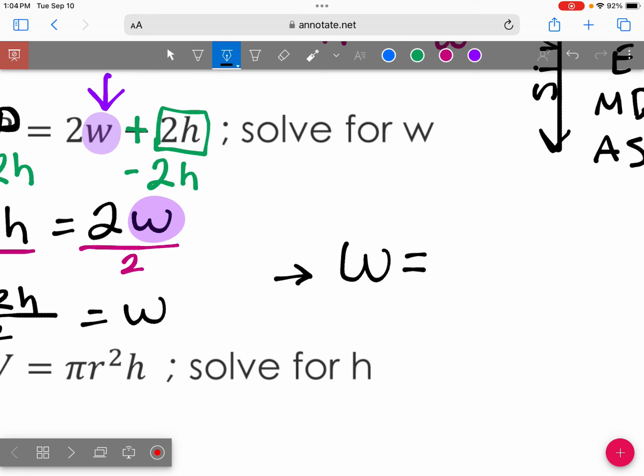Does anyone see anything here we could simplify if we broke it apart? Okay, then let's break it apart. If I uncombine my fractions, p over 2 minus 2h over 2. To be able to add and subtract fractions together, they have to have that common denominator, right? So if I'm uncommoning that denominator, now do we see something we could simplify? Look over here.